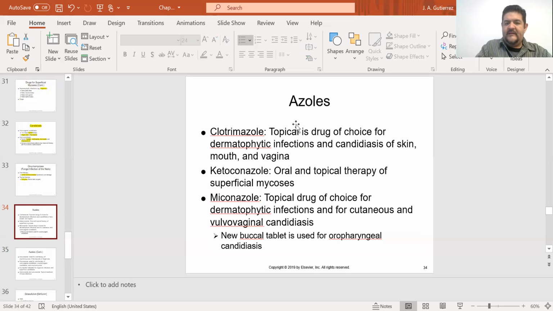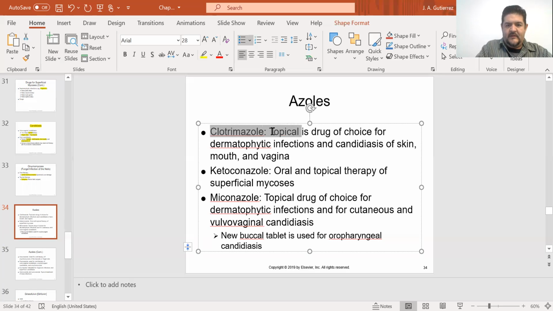Okay, so here we go again. This is again a review of the azoles, now for topical mycosis. So already mentioned clotrimazole, ketoconazole, miconazole. And the azoles are used usually for those dermatophyte infections, skin infections. Nystatin is still one of the preferred ones for candidiasis.